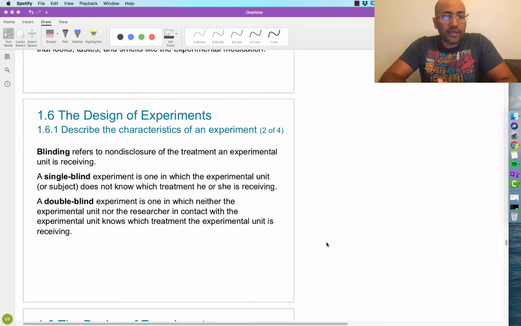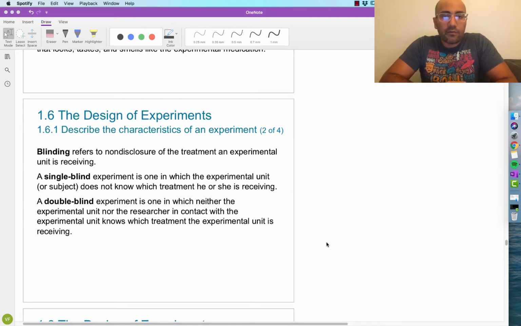Blinding refers to cases where they don't know themselves whether they're receiving the medication or not. Single blinding means that the person doesn't know whether they're part of the treatment group or part of the control group.